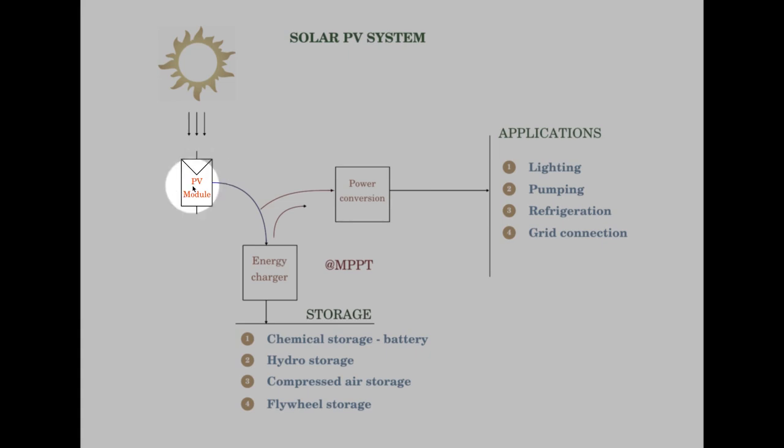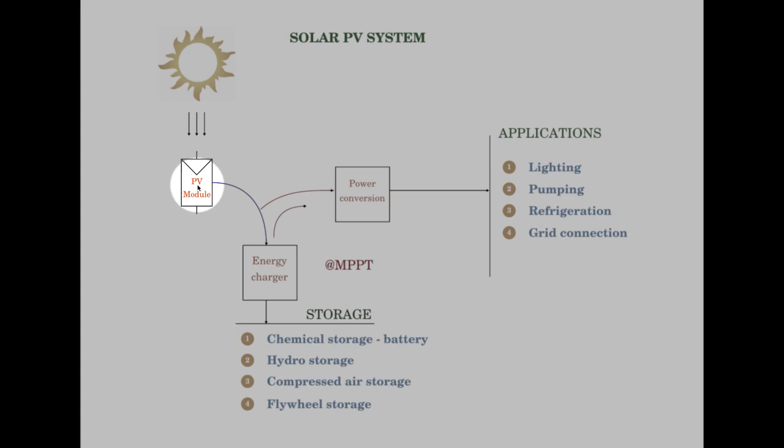First, let us take up the sizing of the PV module. Sizing of the PV module is very important because it occupies a lot of real estate, and real estate doesn't come cheap, and therefore you need to give a lot of thought into this.